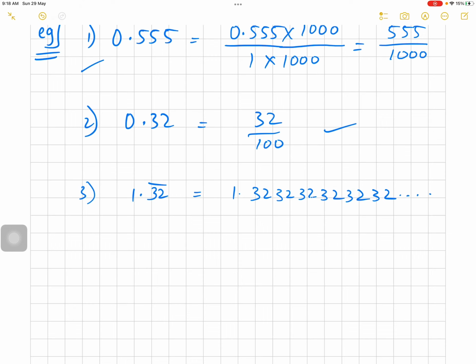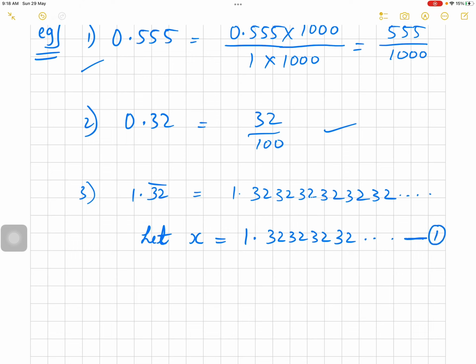Whether this is a rational number or not, let's see whether I can write it in P by Q form. Let x be equal to 1.32323232 and so on. I'll name this number 1.